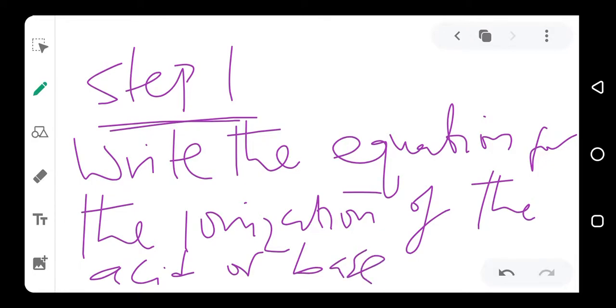If we are talking about pH or pOH, we are talking about acid or base.